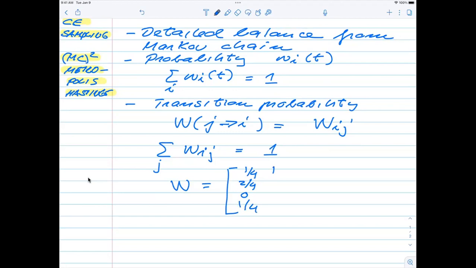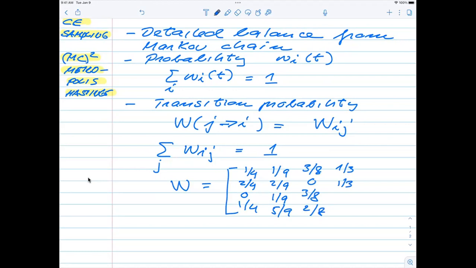And then we have 1 divided by 9. These are just numbers which I made up on the fly. And 5 divided by 9. And then we have 3. So these are probabilities of making a specific transition. And you see now that all the columns here sum to 1. And this is an example of a stochastic matrix.